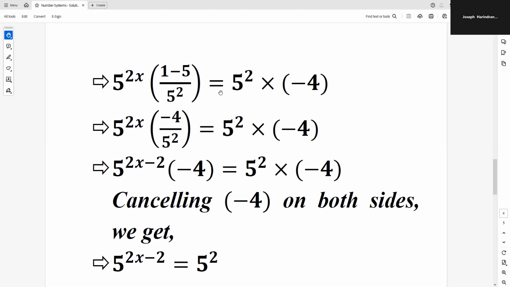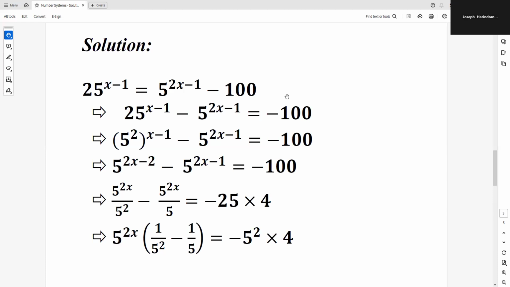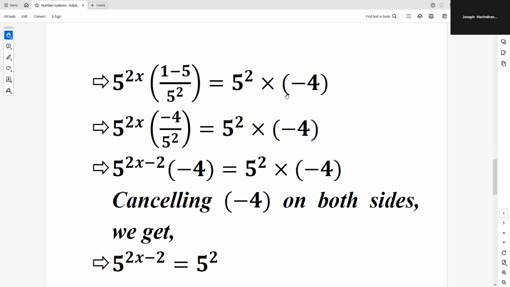Then equal to, on the right hand side, we change this negative sign to the minus 4. We had a minus 5 squared into 4. We change it to 5 squared into minus 4. You will get the same result, minus 100 only. So it doesn't matter where the sign is put. So we take it as minus 4 here.